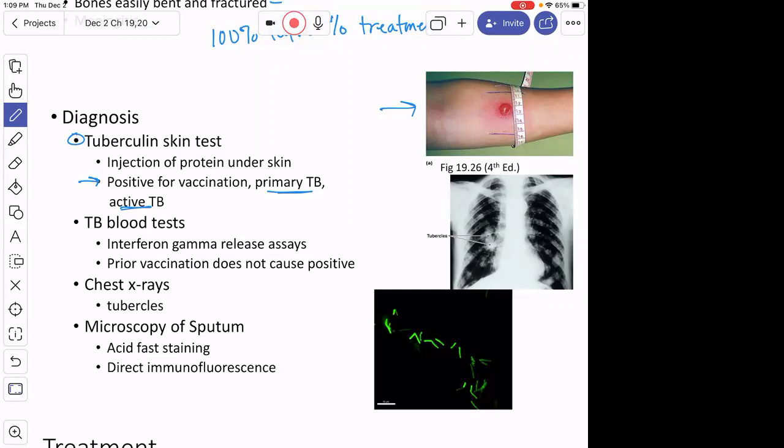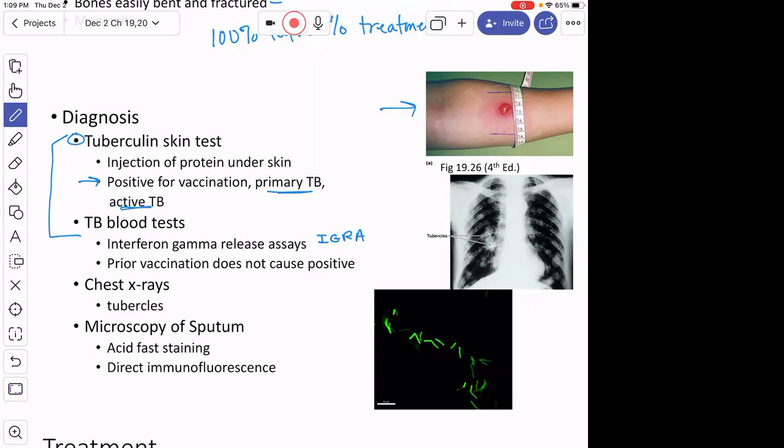Sometimes instead of a tuberculin skin test, we'll do a TB blood test, one or the other. The blood test is a lot more expensive and it's not widely done, but basically you draw blood from the patient, and it's called an interferon gamma release assay, so sometimes you see that IGRA. We talked about interferon a few weeks ago. Type 1 interferon is interferon alpha and beta, the kind that virally infected cells release, and it slows the progression of viral infections.